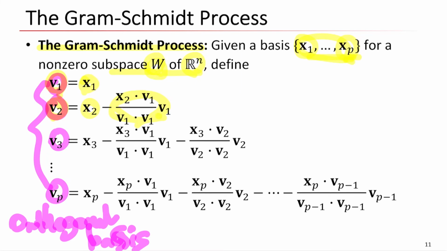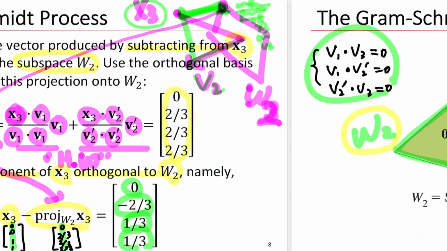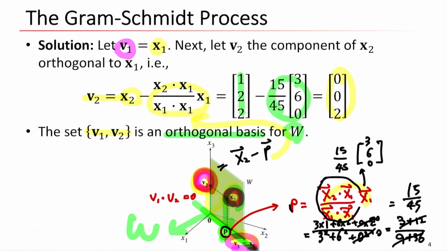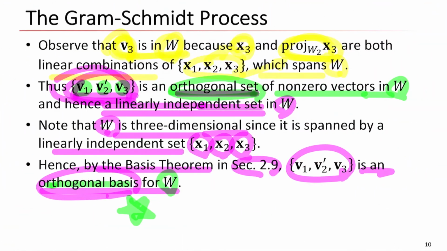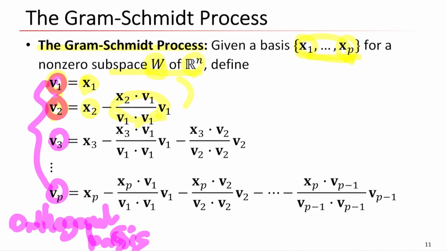I will not draw the figure here because the figure was above, right? So please imagine this figure here. And in this case v1 and v2 are orthogonal to each other. And then we want to find v3. So v3 will be the component of x3 orthogonal to the space W2 spanned by v1 and v2.